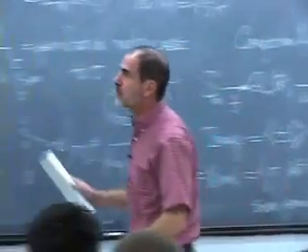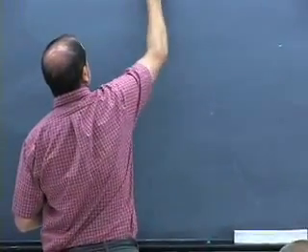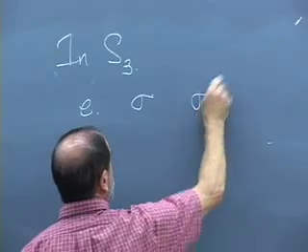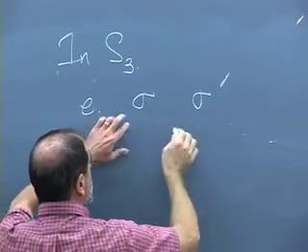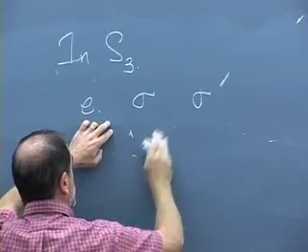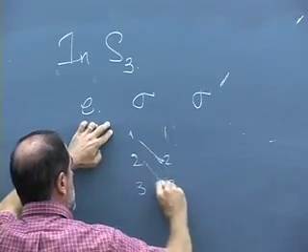Okay, let's just work out in the symmetric group on 3 letters, what's the kernel and what's not. In S3, the identity element, sigma and sigma prime, these are the cycles that go around in 3: 1, 1, 2, 2, 3, 3. This is sigma.